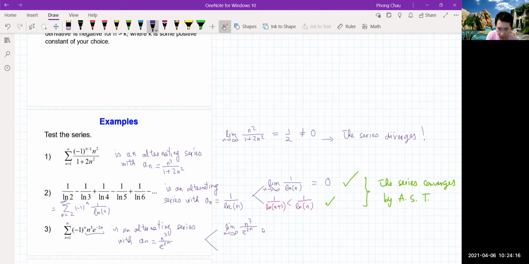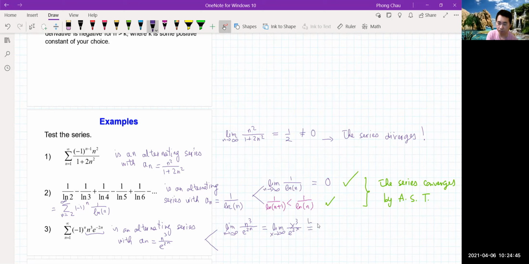So to do this, you might have to recall the L'Hopital rule. So let's switch that to function notation. Instead of n as an integer, think about this as a function x cubed over e to the 2x, where x approaches infinity. Now, when x goes to infinity, the bottom goes to infinity, right? So numerator and denominator go to infinity. In that case, we can apply the L'Hopital rule.